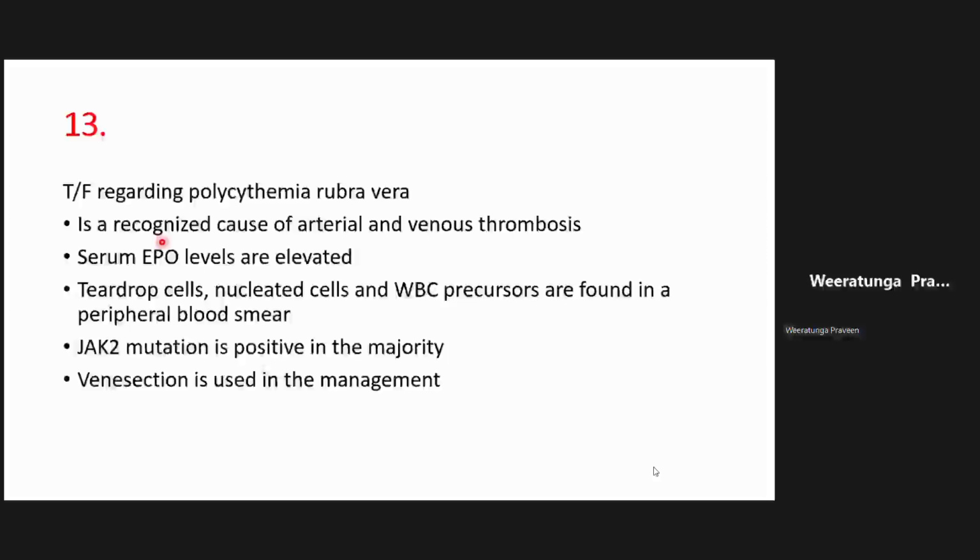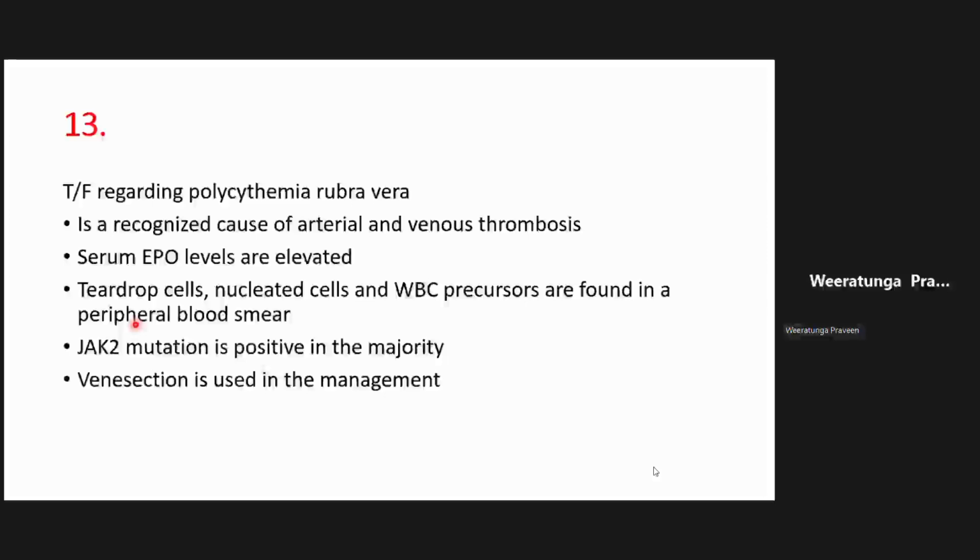Remember that teardrop cells in the blood film come in myelofibrosis, not in PRV. And myelofibrosis causes something called a leukoerythroblastic picture. There are also small nucleated red cells and some white cells along with teardrop cells. That is myelofibrosis.